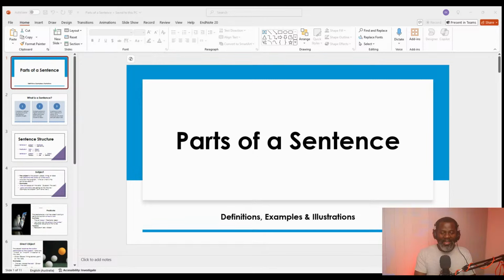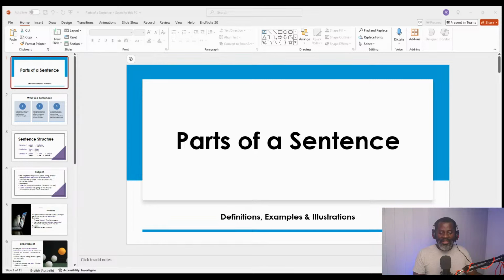Let's look at another example. John and Mary are going to the movies. Realize that John and Mary is actually a compound subject. Compound means two subjects, at least in the sense of grammar and subjects in a sentence.